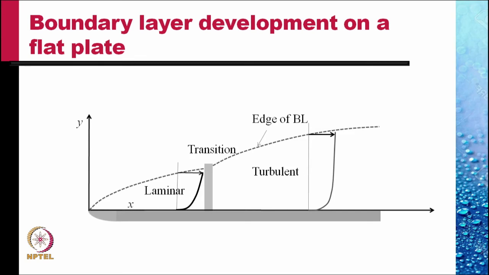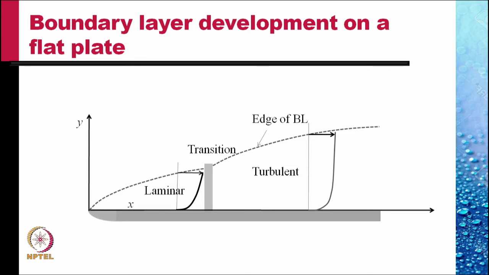In turbulent flow, that will no longer be true, though at the wall the shear stress is still mu times del u by del y, but that is within the laminar sublayer at the wall.